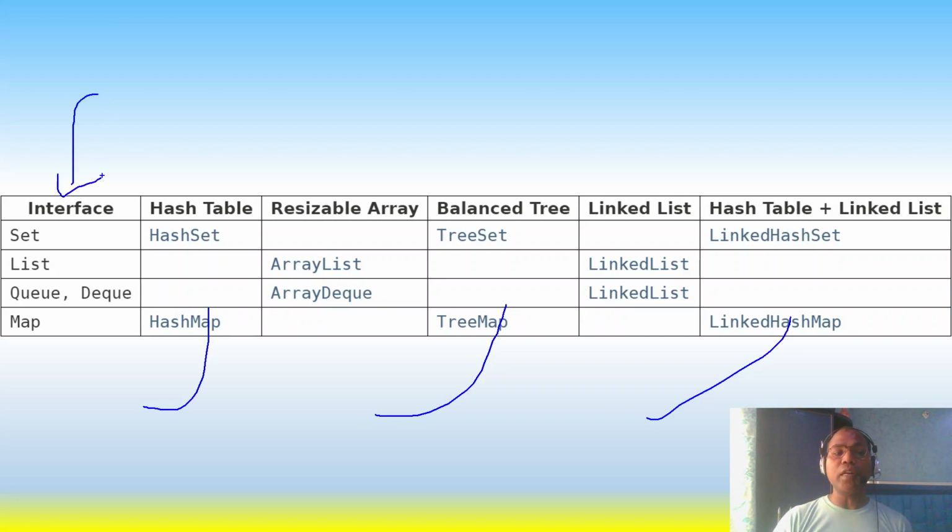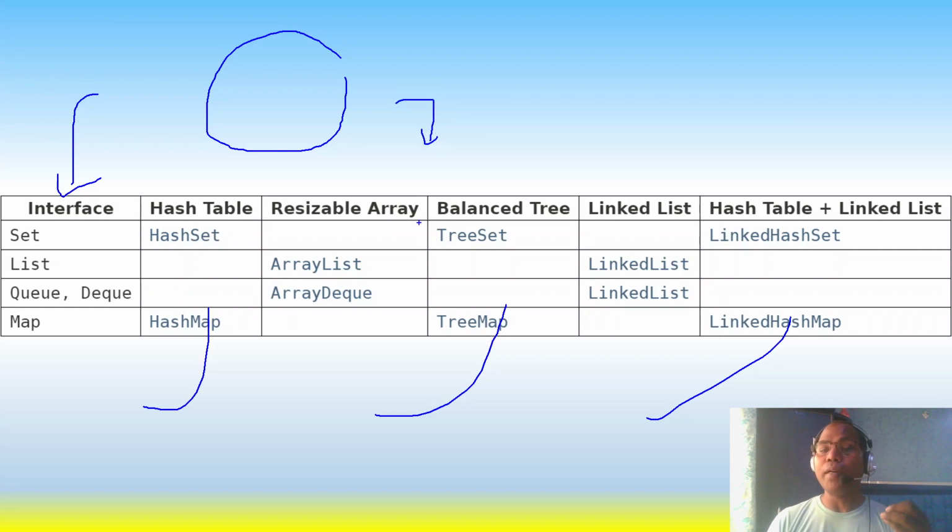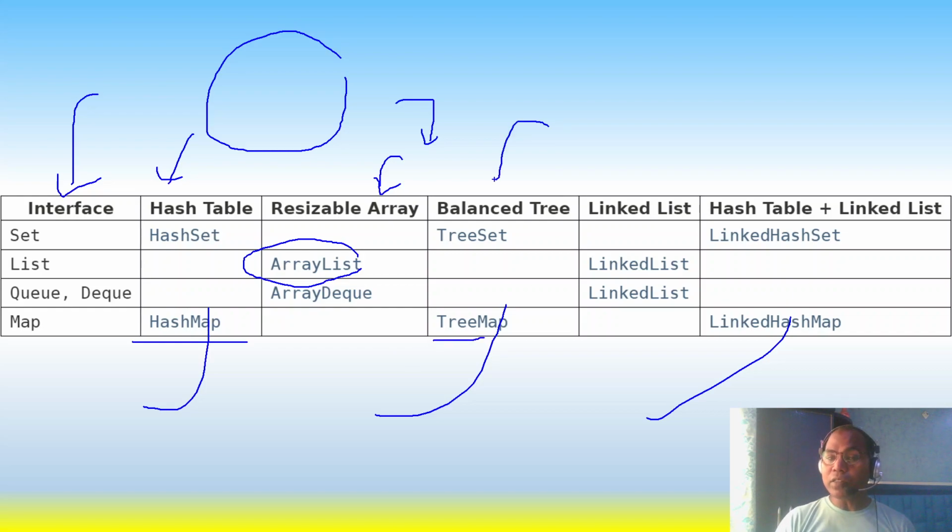Whenever I am going to use an interface, we need the corresponding implementation class. I cannot use an interface alone because an interface just defines the set of methods to implement. So the JDK does not just define interfaces for the collection framework; it also provides corresponding implementation classes with well-defined data structures. A good example is ArrayList, a resizable array implementation, then HashMap, a hash table implementation, and TreeMap, a balanced tree implementation.